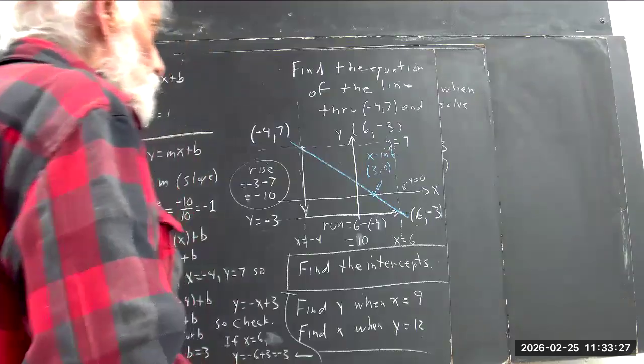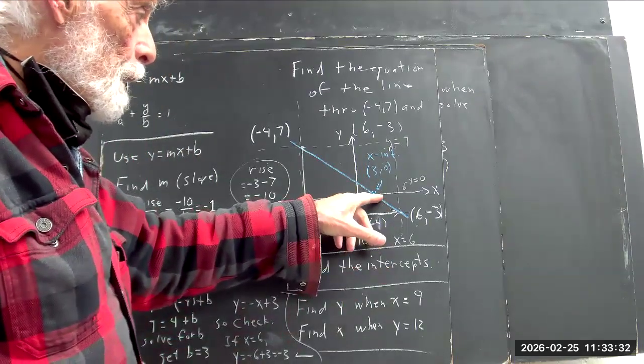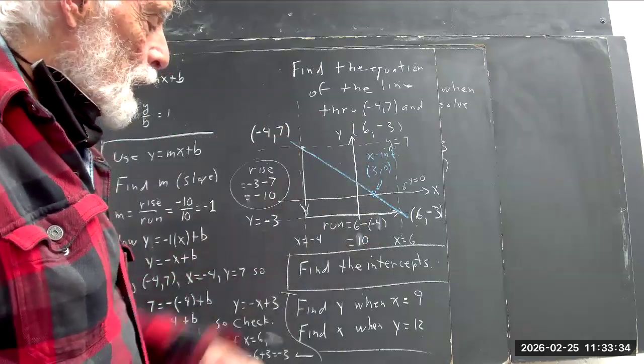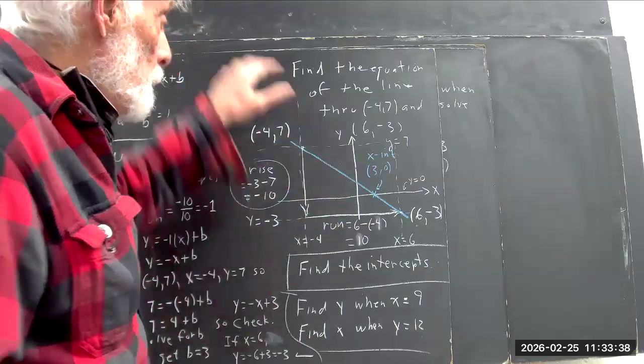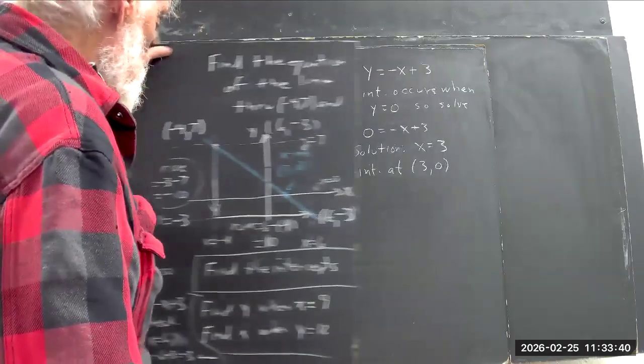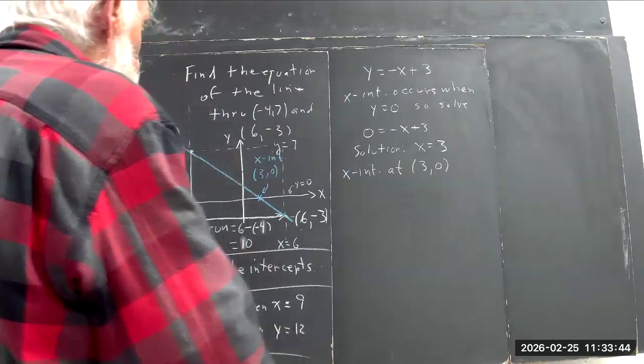But there's the x-intercept, which is 3, 0. Didn't come out perfectly in this graph. 3 would be just half an inch to the right. But that's what solving this equation gave us.